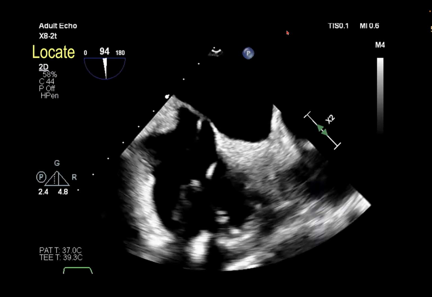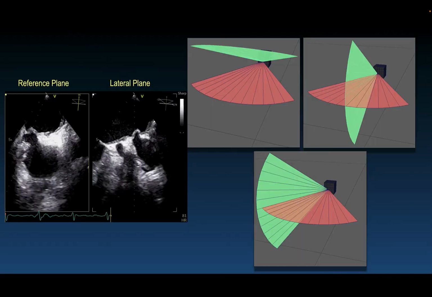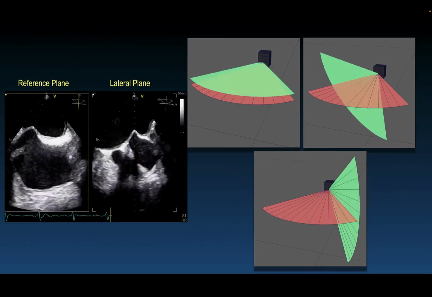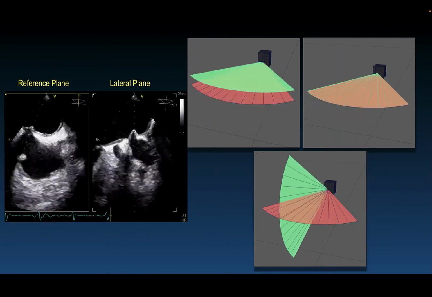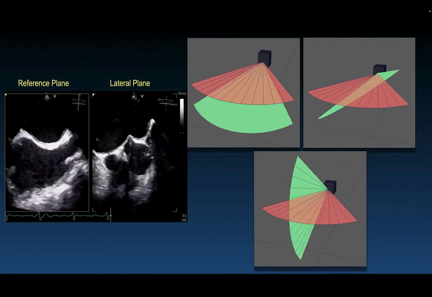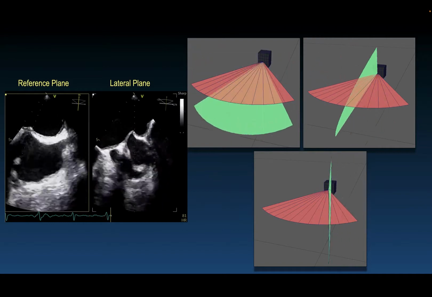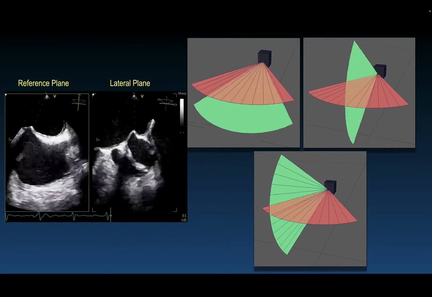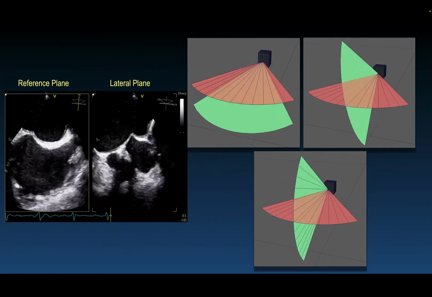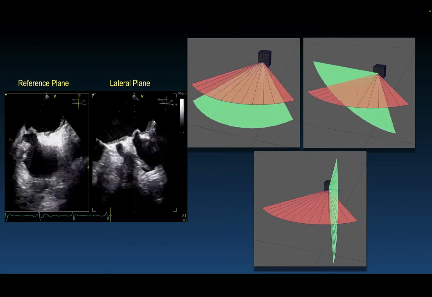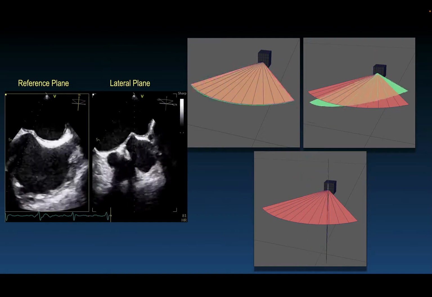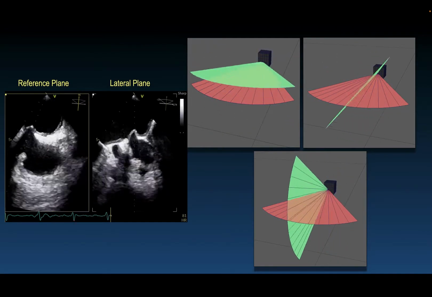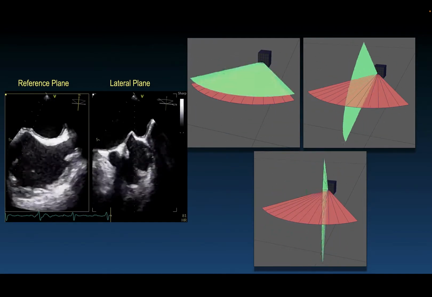Well, I am myself a very strong proponent of using simultaneous orthogonal plane imaging. But for some reason, I don't understand why some of our machines, because the angles of the images are different, which is a different discussion of how the presets of the machine are set up, the lateral plane is sometimes in a flipped position, and it's not the image that you would expect to see anatomically or echocardiographically.